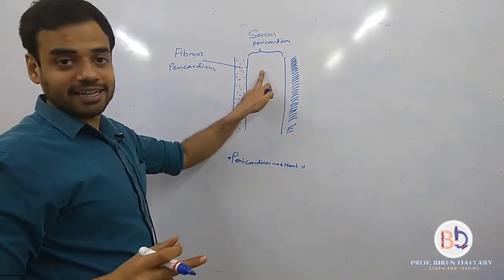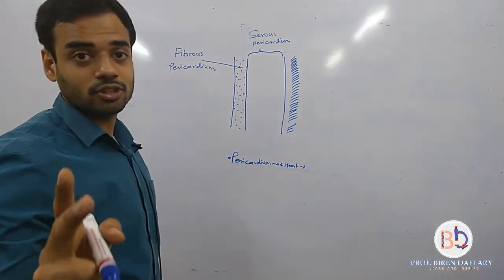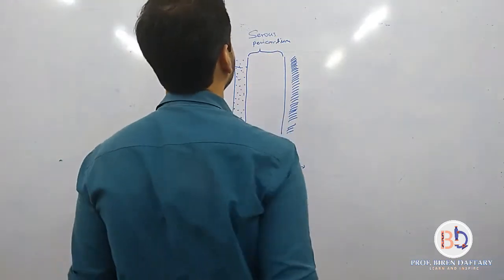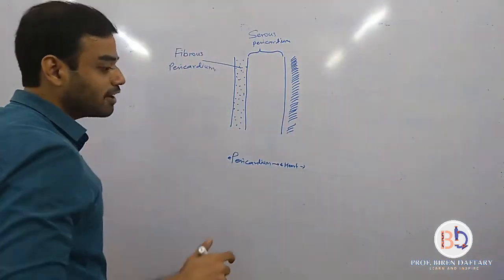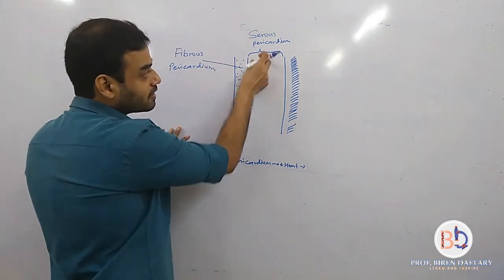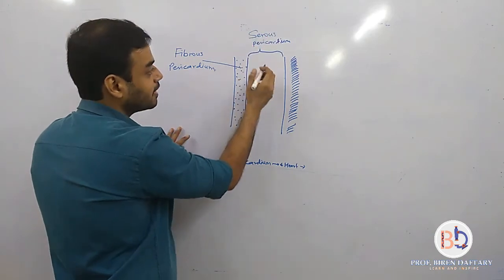This serous pericardium is further divided into two parts. Don't get confused. Pay attention to what I am teaching. The outer part of the serous pericardium, see, now I am talking only about the serous pericardium.